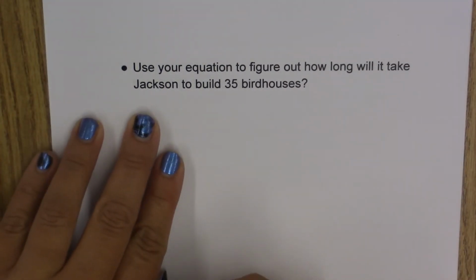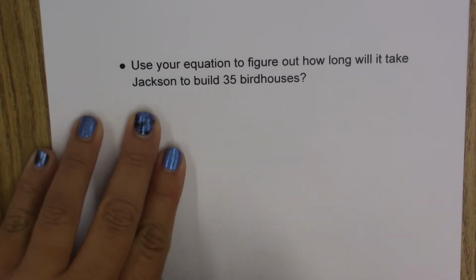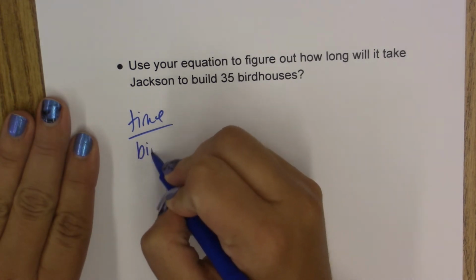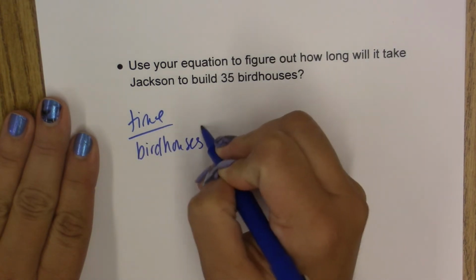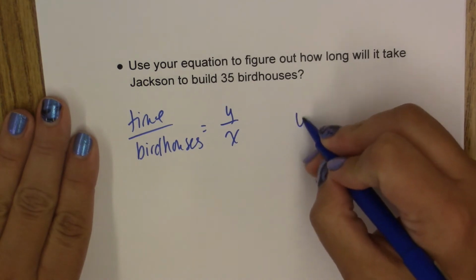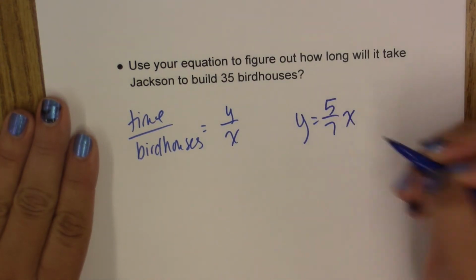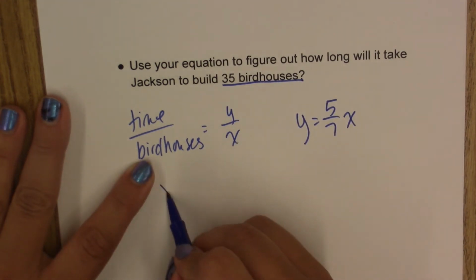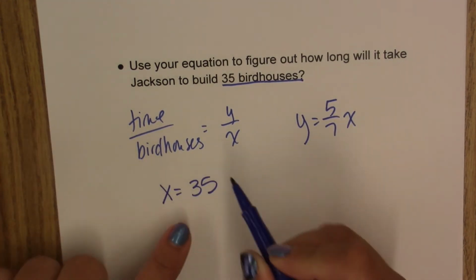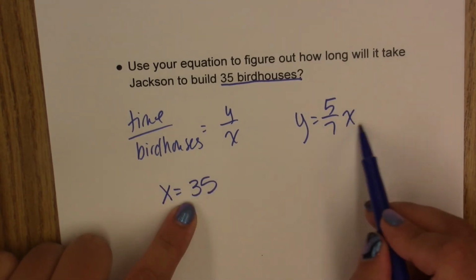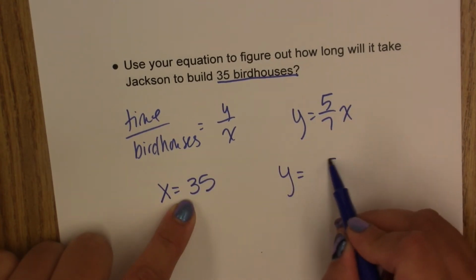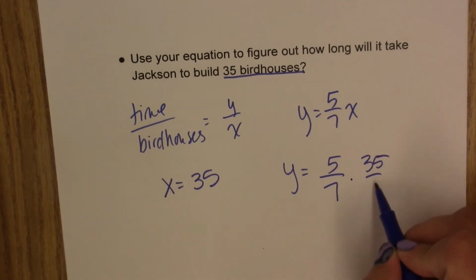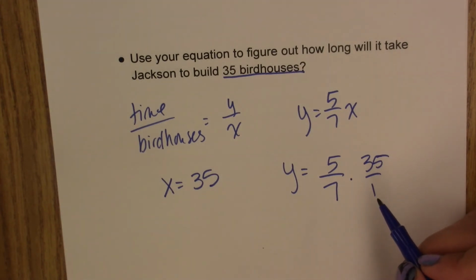All right. Use your equation to figure out how long it will take Jackson to build 35 birdhouses. Okay, so time over birdhouses. And my equation. All right, so we know he's building 35 birdhouses, which is my x value. So x is equal to 35. So I'm going to take this 35 and substitute it in for x. 35, let's go ahead and make that look like a fraction as well.